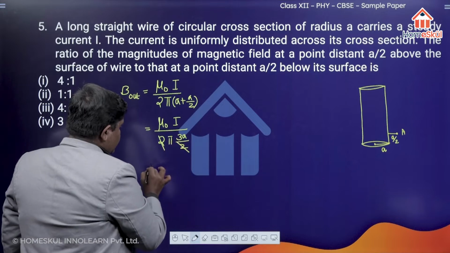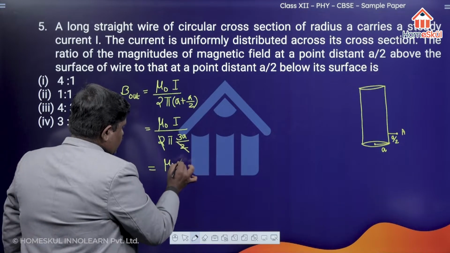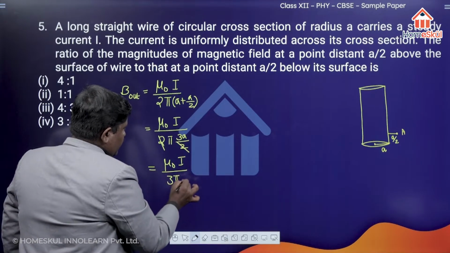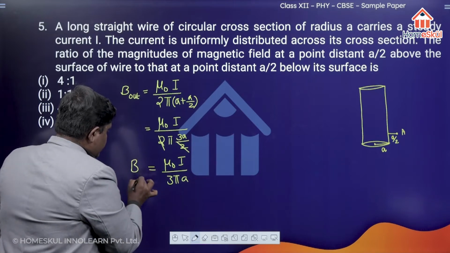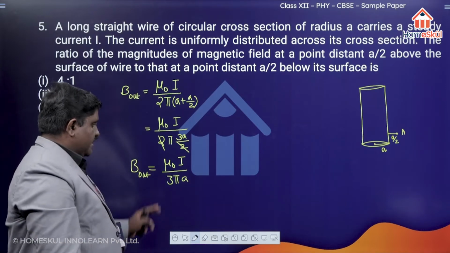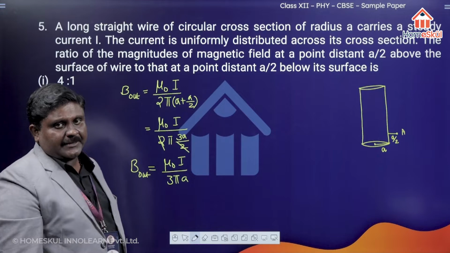The 2 and 2 cancel, and we get B outside equal to mu 0 I by 3 pi A.